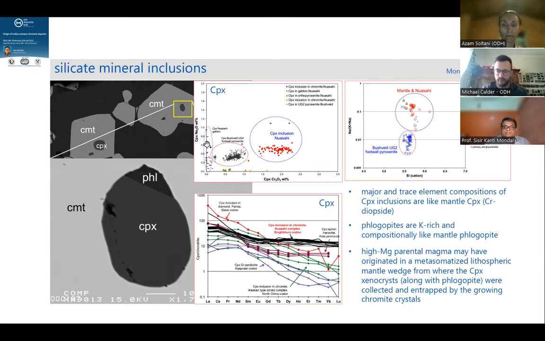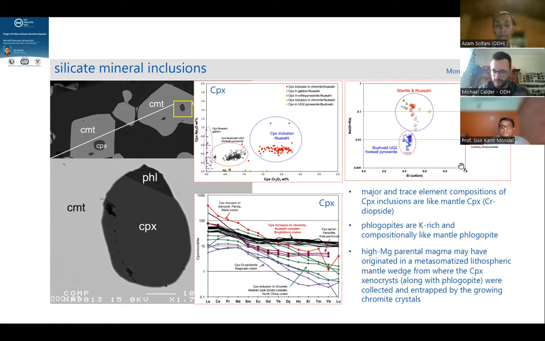It is unlike the clinopyroxene we have in gabbro, or also compared with the clinopyroxene from the footwall of UG2 pyroxenite of the Bushveld complex. So the major and trace element composition of the clinopyroxene inclusions are like the mantle clinopyroxene, a composition of chromian diopside, and phlogopite is potassium rich in the case of Nuasahi, Sukinda as well as the Sargur belt.